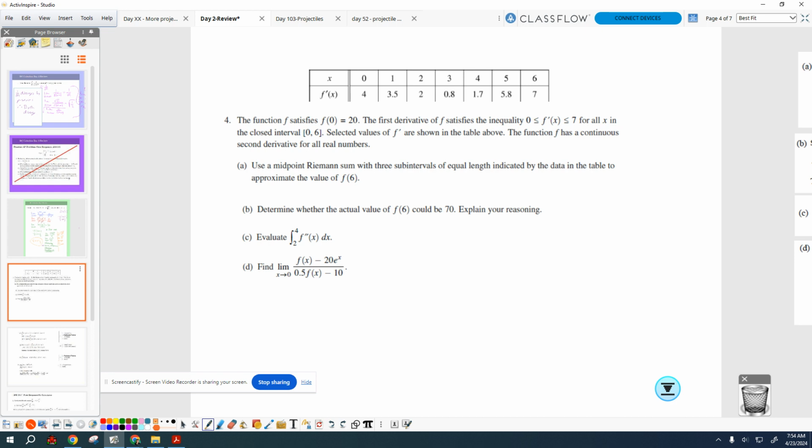So, should our points be 1 or 5? I should be able to do 5.8. All right, so we could keep going. 1 plus 2 times 3.5 plus 2 times... Does anyone think f of 6 could be 7?